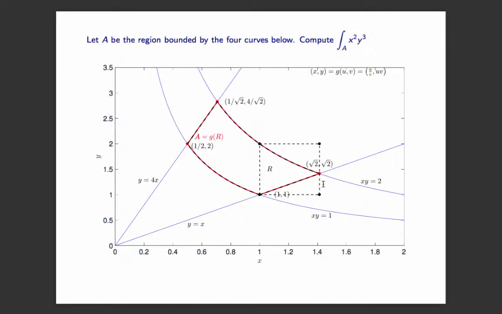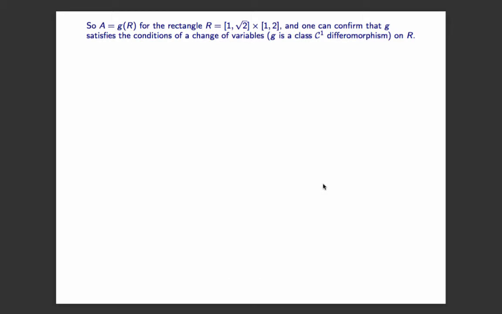We'll omit that, but you could show that G is invertible, or 1-to-1, on the entire set R, and not just locally everywhere. So A is the mapping by G of a rectangle R, and again one can confirm that G satisfies the conditions of a change of variables.